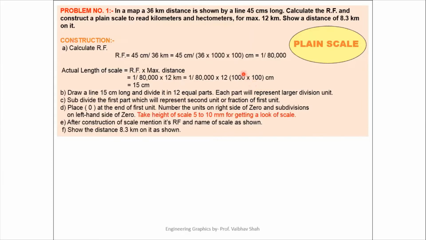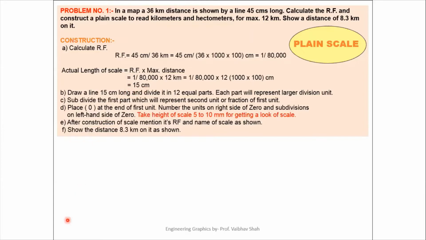So our final answer would be 12 into 1000 into 100, which is now converted into centimeters. After solving this equation, you will get your final answer as 15 centimeters. So your actual length of scale, which we will draw next, is 15 centimeters.